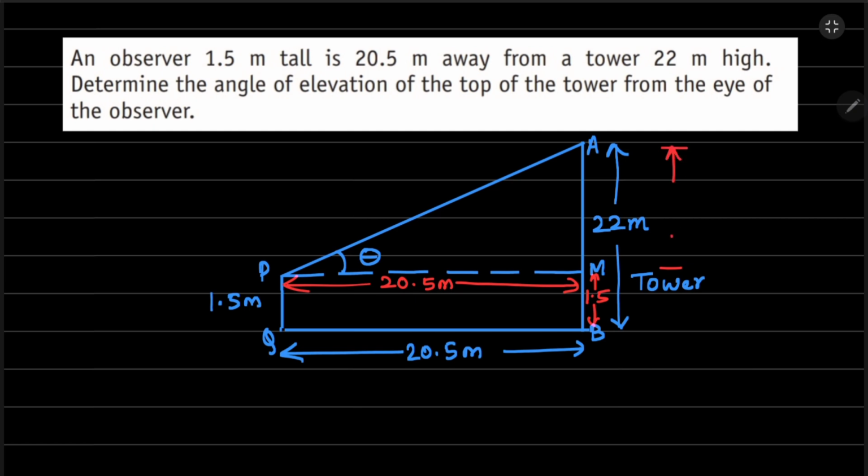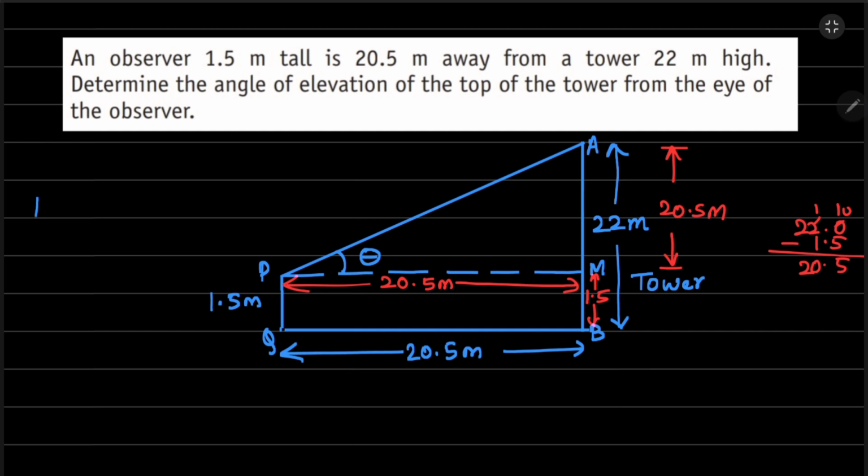Then what is the length of AM? This will be 22 minus 1.5. What is 22 minus 1.5? So you have 20.5, right? This is 20.5 meters. I hope you can understand this. So this AB, total height of the tower is 22. MB is 1.5. Therefore, AM is nothing but 20.5 meter. Let me write it here.